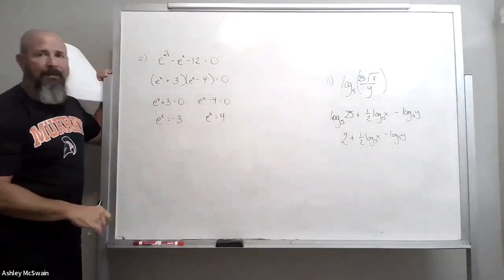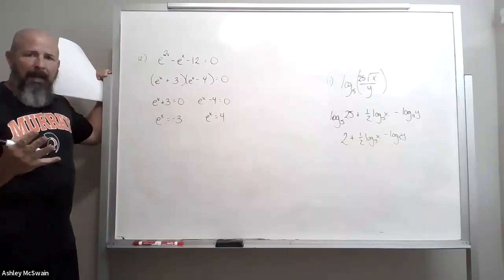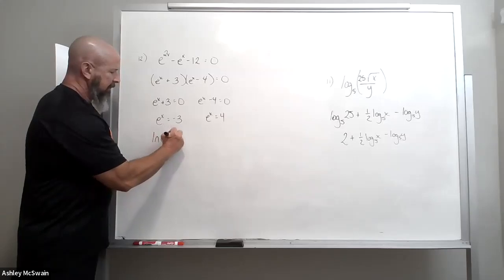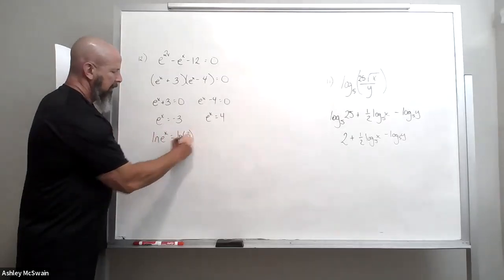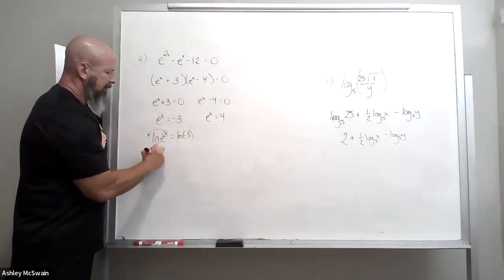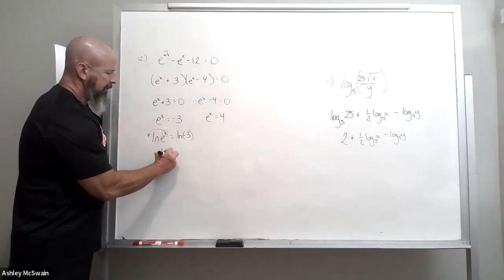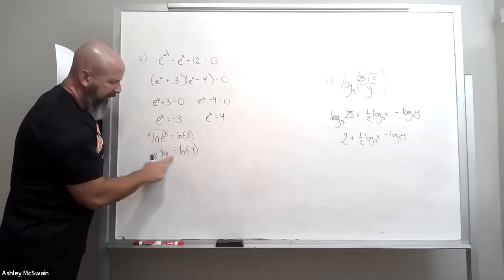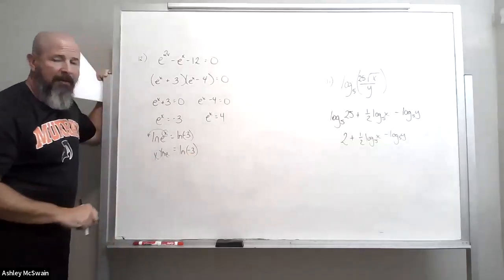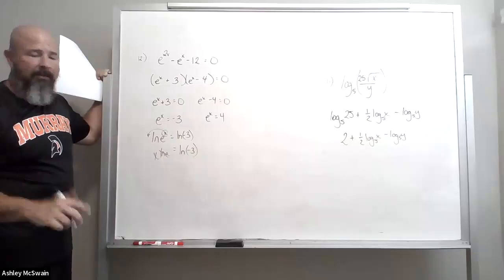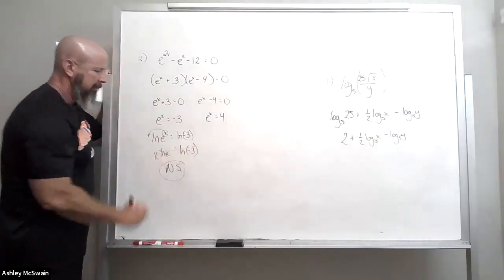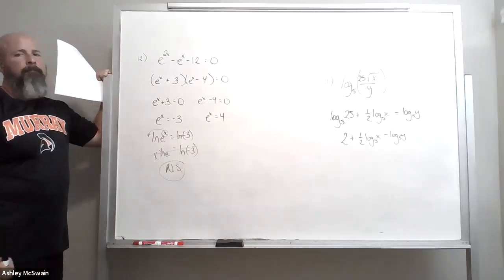If I don't recognize that right away, there's no panic there. I can take the log of both sides. I can bring that x down. x ln e, well, that's 1. Is ln negative 3. And if I put ln negative 3 in my calculator, it's going to give me an error message or something like that. So that's why I know that one's a no solution.